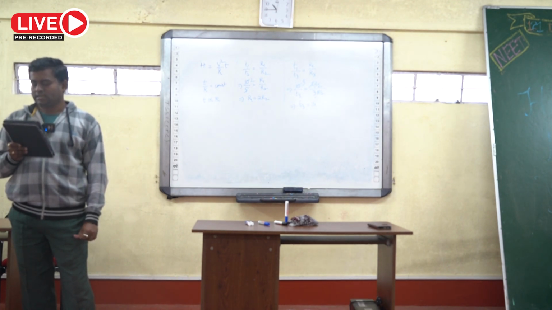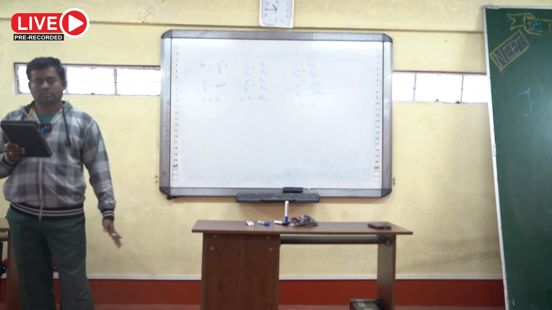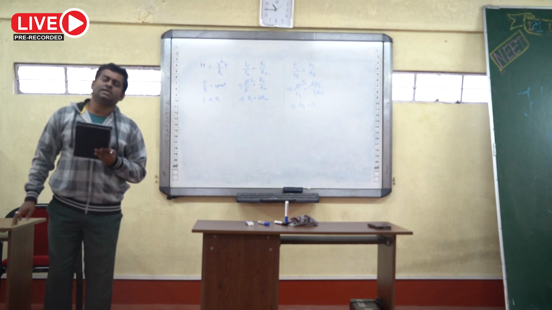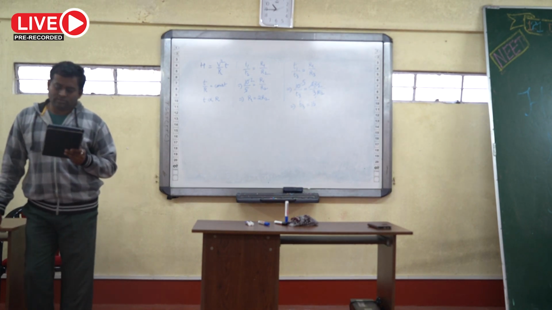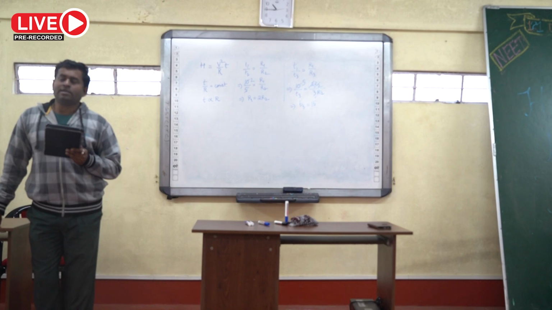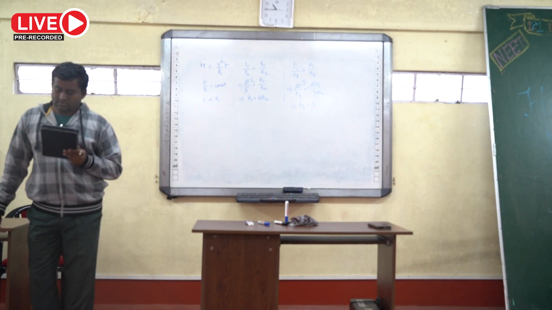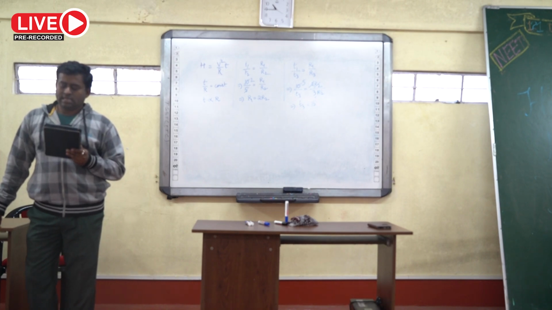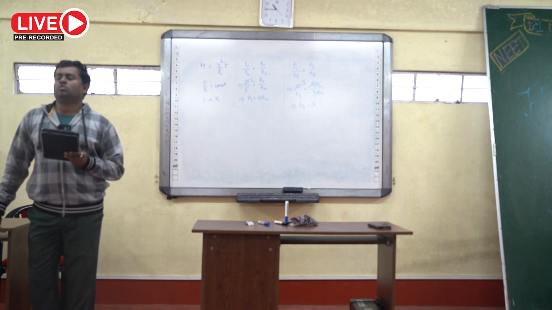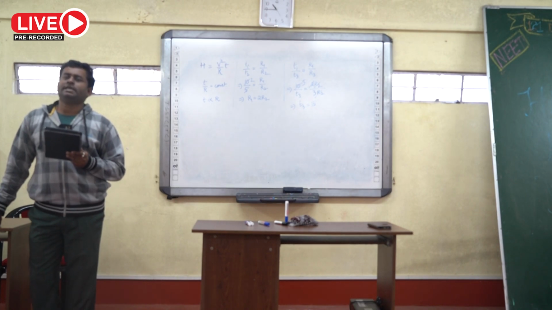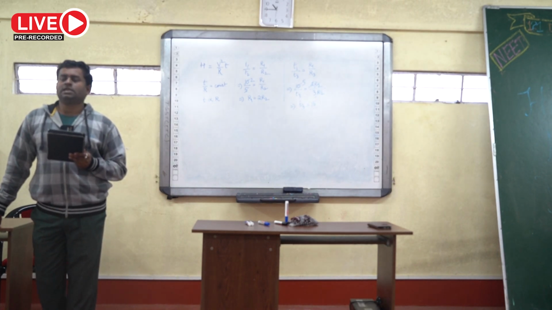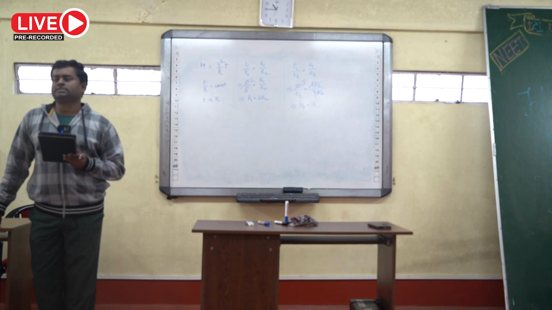The same battery supplies a current of 0.5 ampere when connected across a 9 ohm resistor.